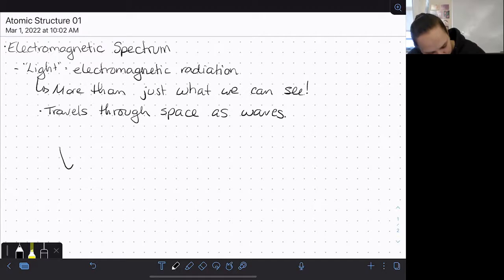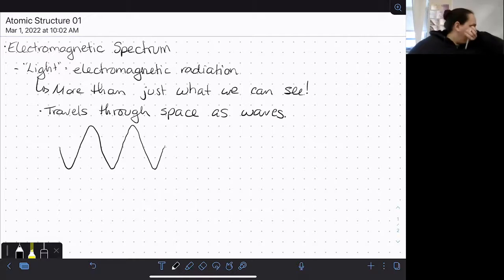Let's see if I can draw this as accurately as possible. That's pretty good. So you can think of a wave as having this oscillating pattern. My drawing is a little bit pointier than optimal. Round out those peaks and valleys a little bit more, but good enough.